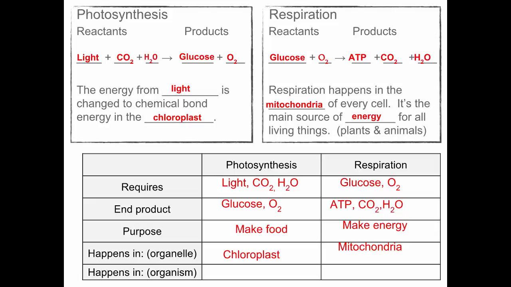Carter? All plants. Plants and a couple other things, but we'll just say plants for right now. And respiration. Aiden? Good. So this is the fourth time I've done this this year, and that's the first time we got the correct answer for this question.